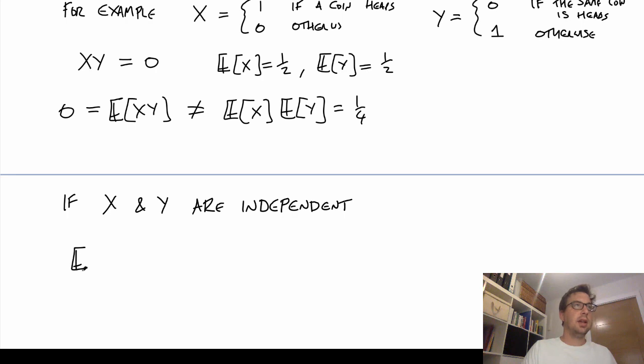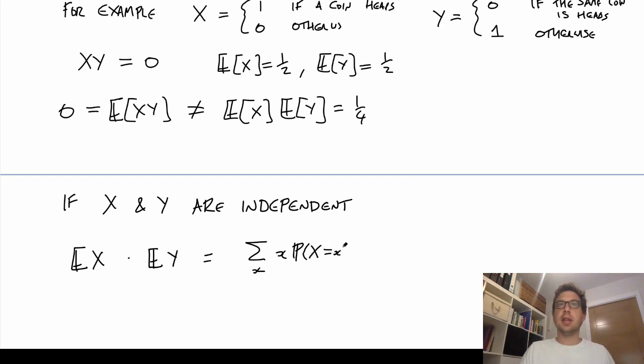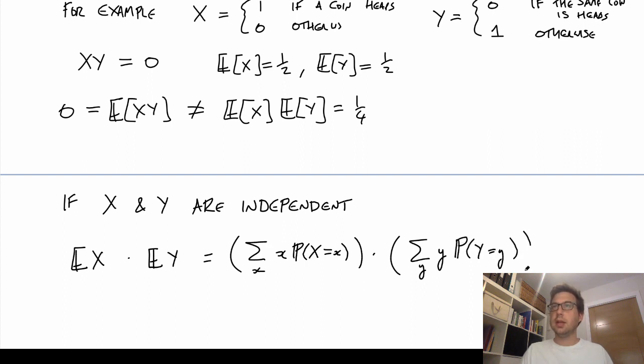Well, E of x times E of y is really just equal to the sum over x times the probability of X equals x, multiplied by the sum over y, y times the probability that Y equals y.